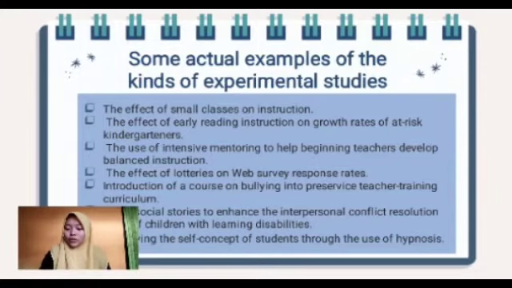The effect of lectures on web survey response rates and the introduction of a course on bullying into pre-supervised teacher training curriculum. And then using social stories to enhance the interpersonal conflict resolution skills of children with learning disabilities, and improving the self-concepts of students through the use of hypnosis.